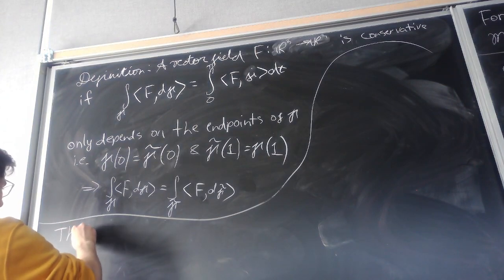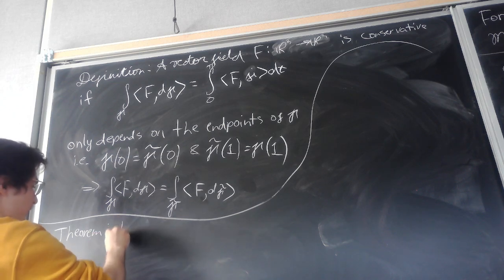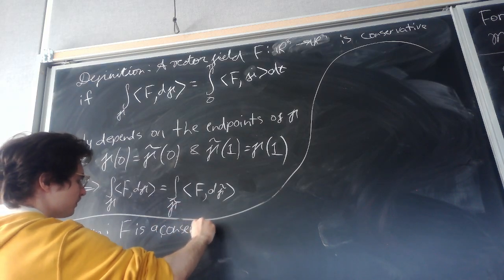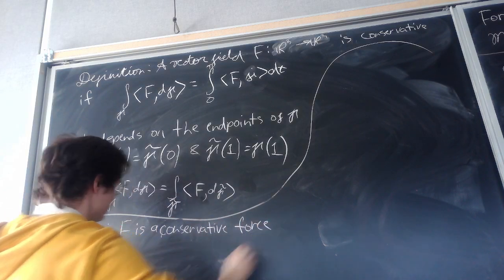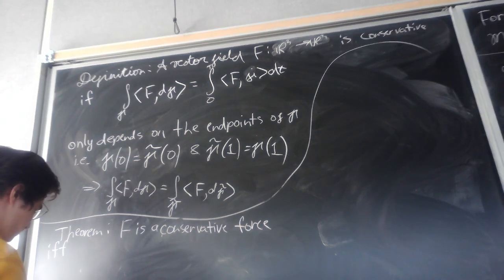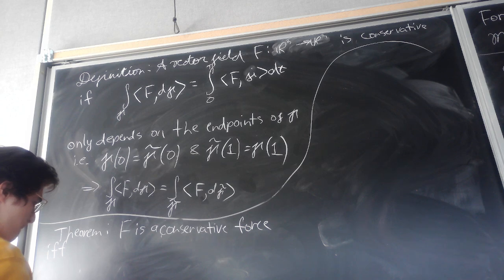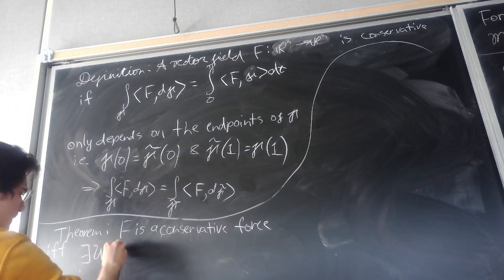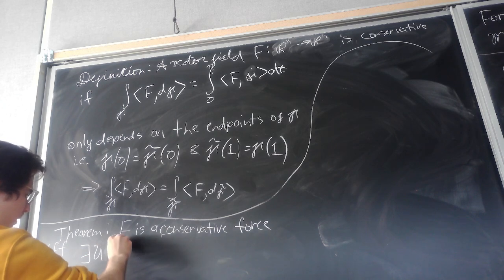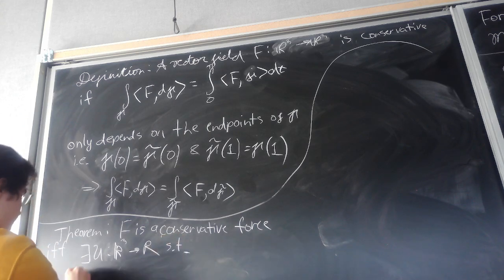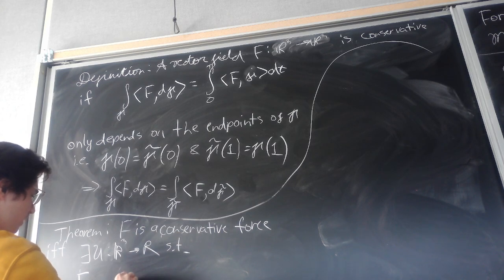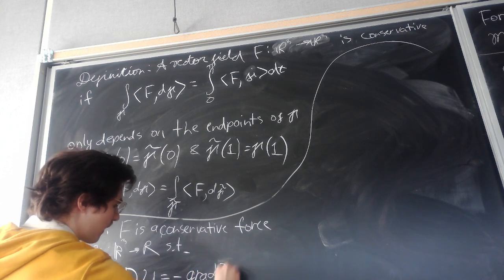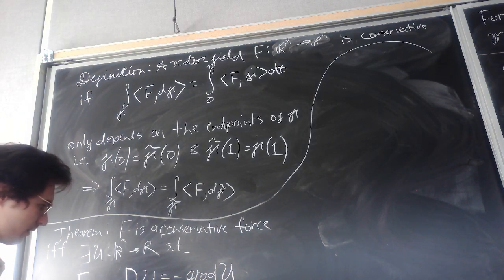F is a potential force or a conservative force if and only if there exists a U, a function from R^3 to R, such that F is equal to minus the Jacobian of U, or minus grad U, because grad in this case is the same.